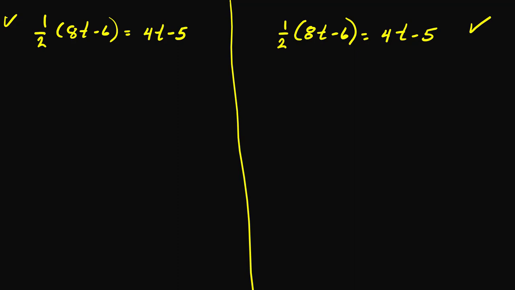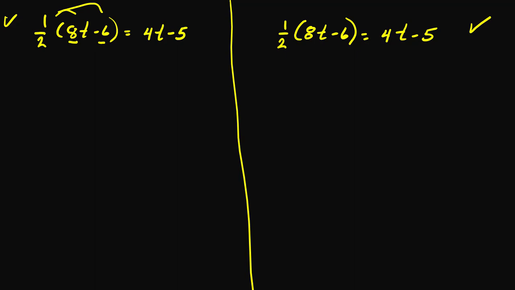So, working on the left-hand side of this page, I'll notice that this 8 and this -6 are even numbers, and I can divide an even number by this 2 right here. So I can do it this way. I can multiply each of these terms by 1/2.